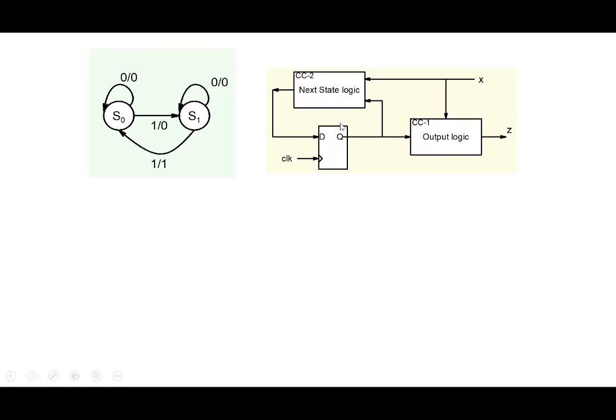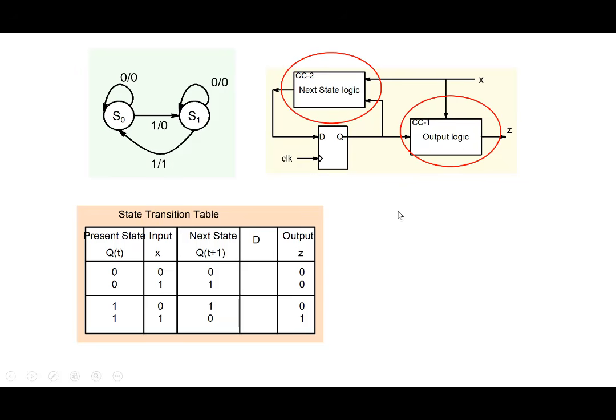Second, we've chosen a D flip-flop. And we've also said S0 will be represented by Q equal to 0, and S1 will be represented by Q equal to 1. So now the memory is defined. Now we have to design the next state logic and the output logic here. We do that through the state transition table. This is a part of the state transition table.